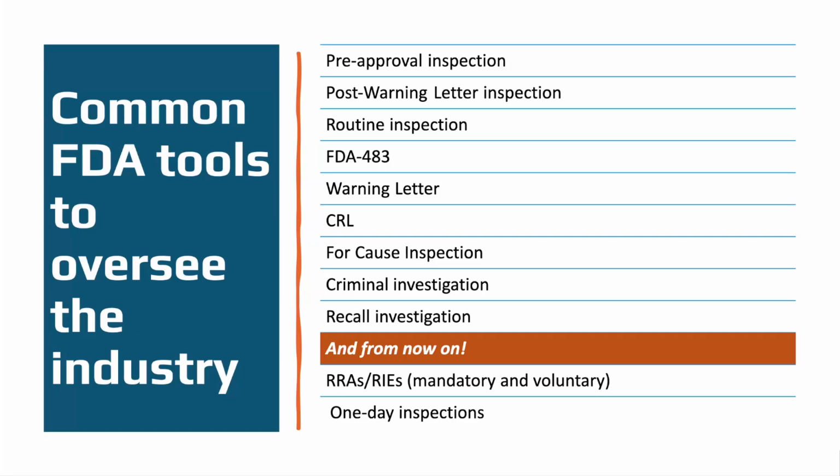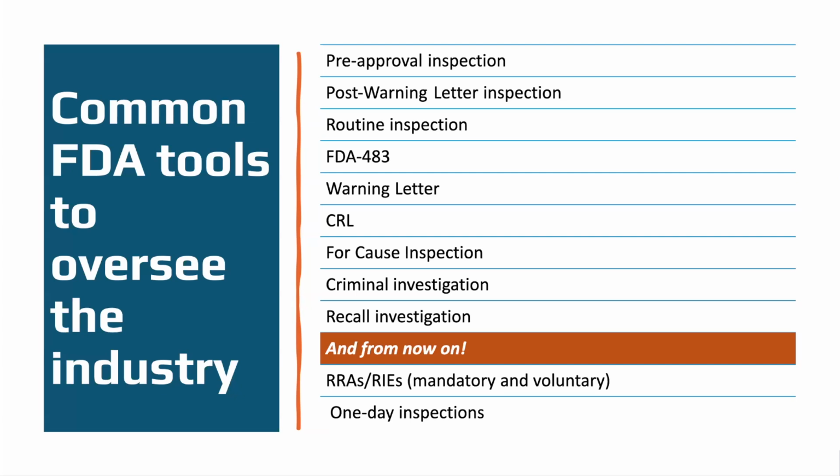Now, there is also another tool that you really don't want to deal with, which is a criminal investigation, because that's not a GMP inspection, but really more of an inspection that is intended to look at the integrity of your activities, and you're not going to get a warning letter from this.